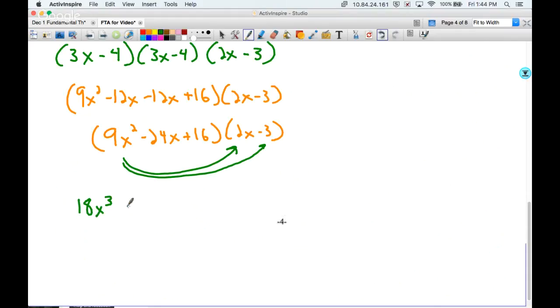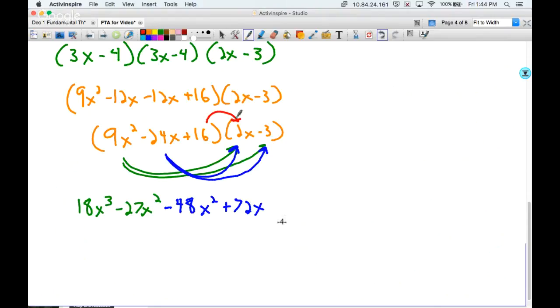So that gives me 18x to the third minus 27x squared. My next arrows will go from here to here, here to here, giving me a negative 48x squared and a positive 72x.